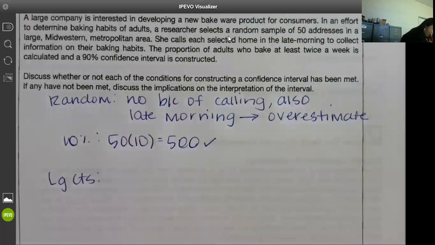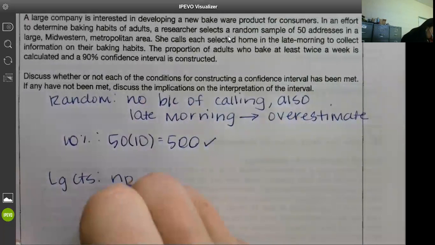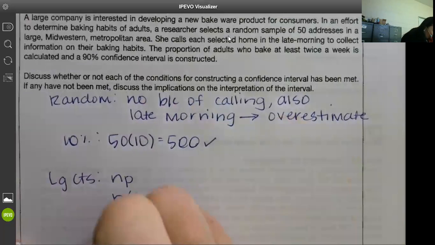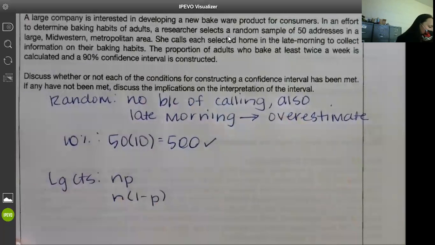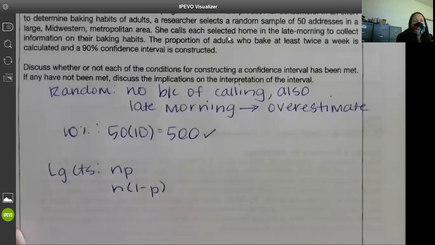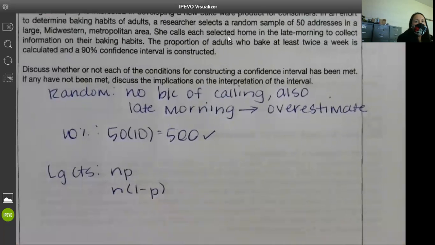And then your large counts, remember, is going to be n times p and n times 1 minus p. And then, do you think that that's going to be okay? What do we use when we don't know? 0.5.